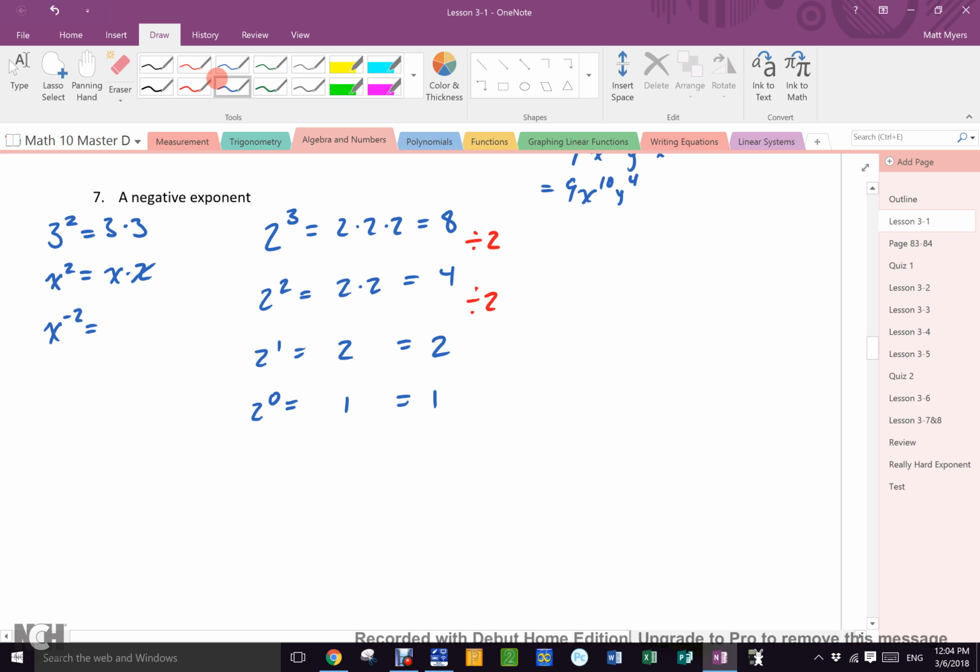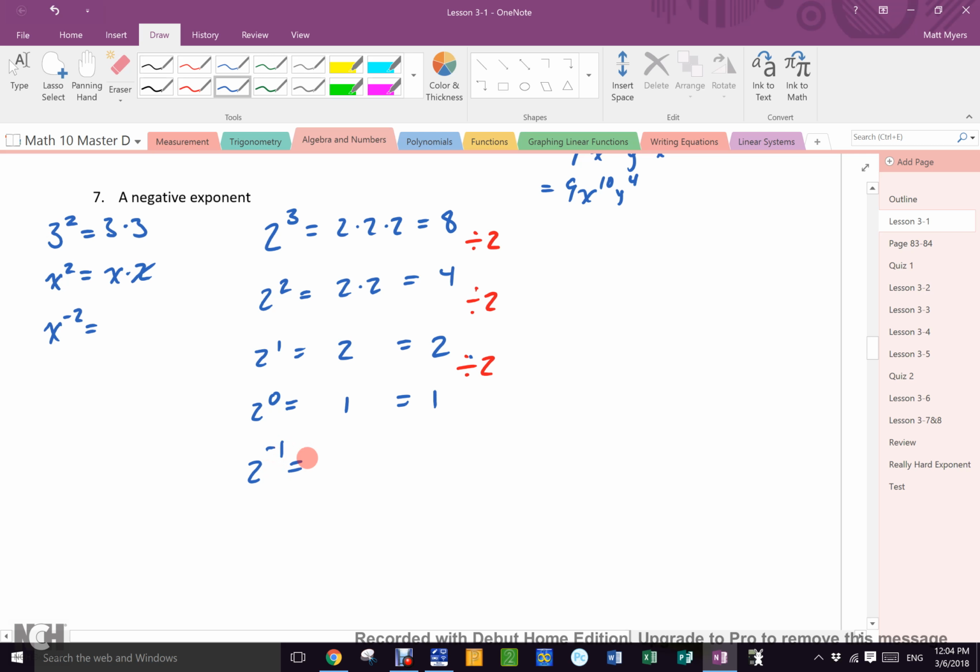We divided by 2. If you do something thrice in math and it makes perfect sense, what can we assume? It's going to continue to happen. So what is the next logical exponent?